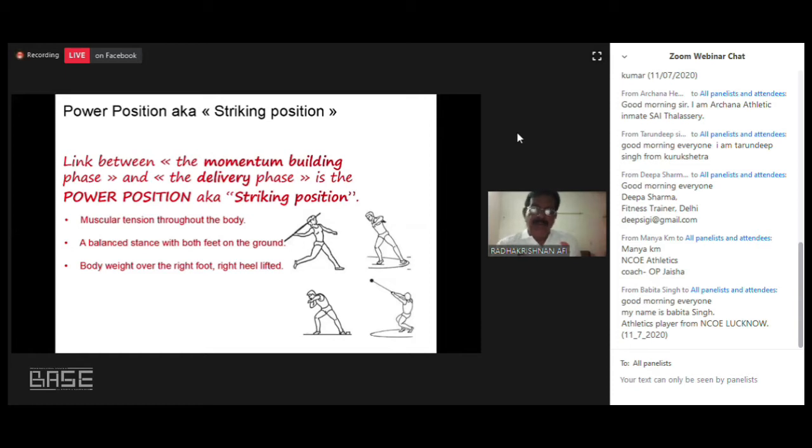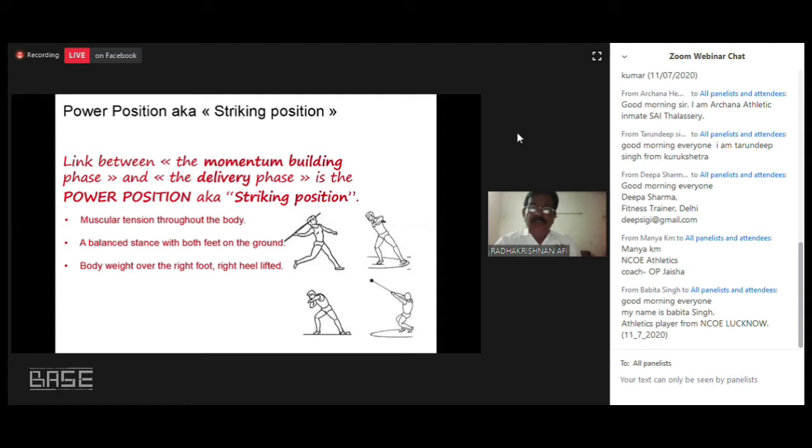And body weight over the right foot, right heel is lifted. Please don't insist that your athlete keep the right heel lifted. When you say keep the heel lifted, the athlete will try to lift the heel purposely and will not get a proper foot position, they will be just on the ball of the foot, and from that they will not be able to use the maximum force.